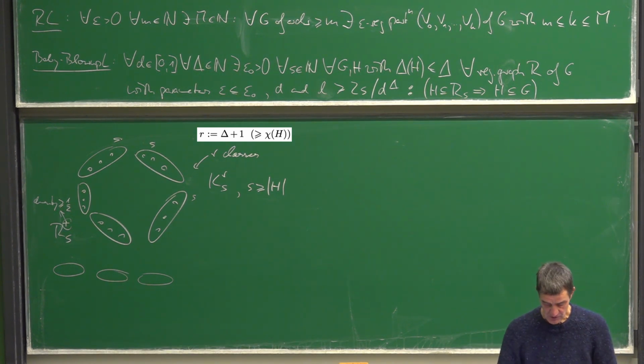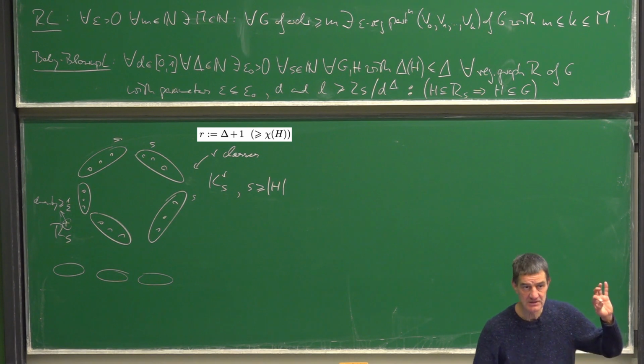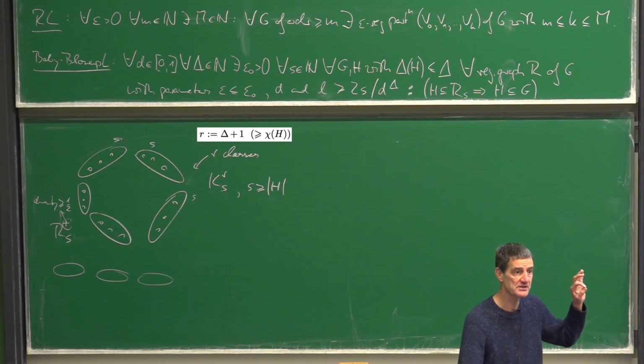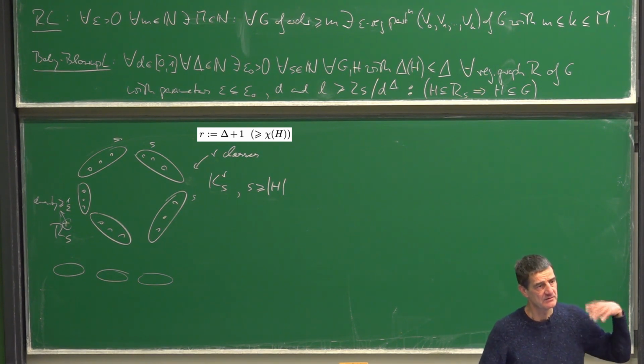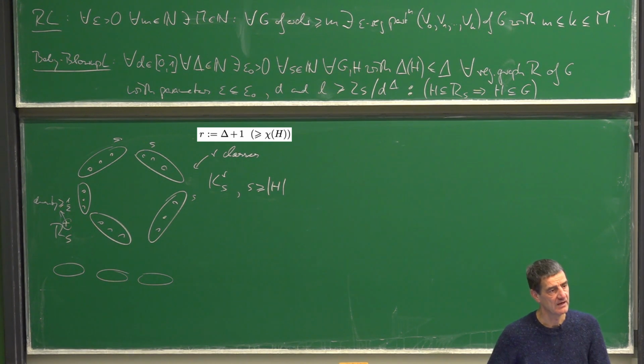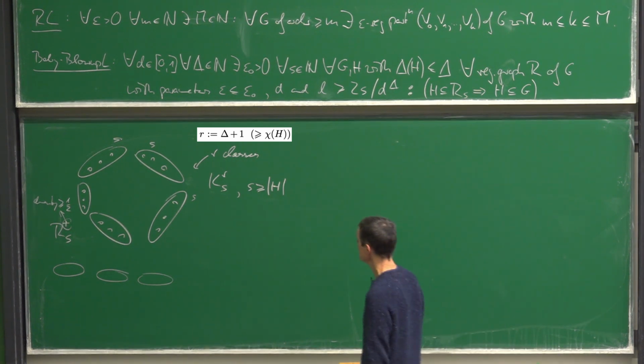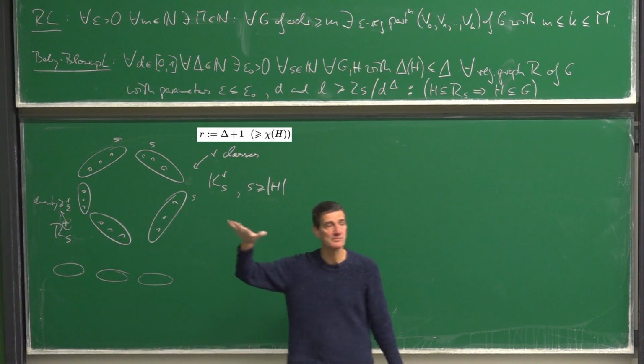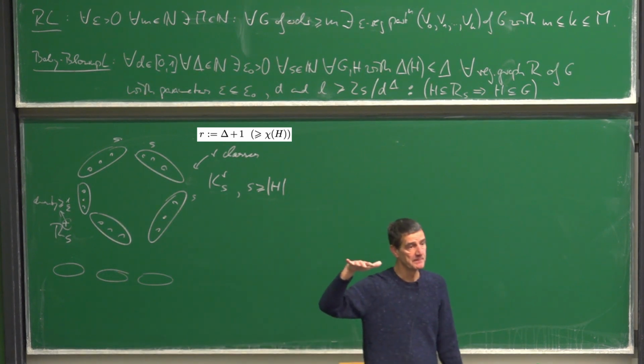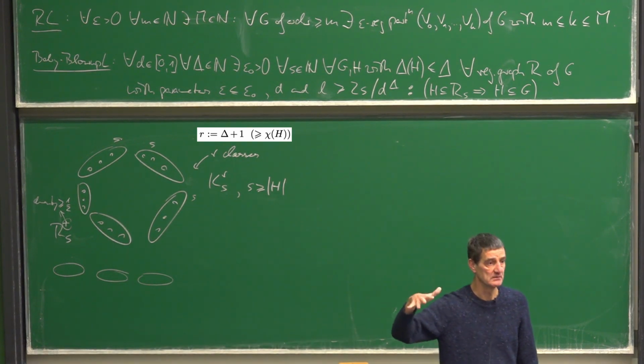Okay, so at this early stage, there is one thing to notice. I said we're fine because our max degree of H is bounded, but the only place where I seem to have used it is to say, okay, and therefore the chromatic number is also bounded, namely delta plus 1.